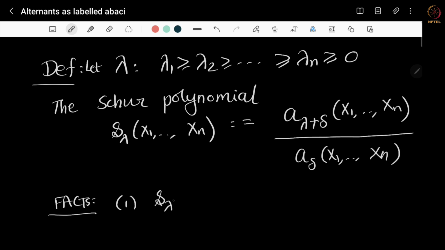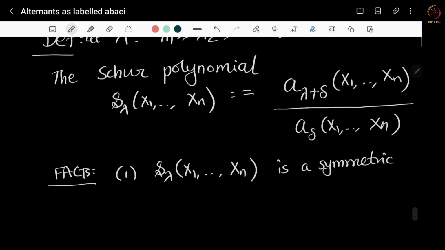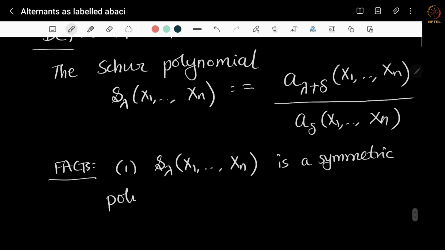And what you get is what we'll call the polynomial S lambda of x1, x2, up to xn. Now, two quick facts about this polynomial. Number one, observe that both A lambda plus delta as well as A delta are alternating polynomials. What that meant was, if I interchange any two variables xi and xj, they give you a minus sign in front.